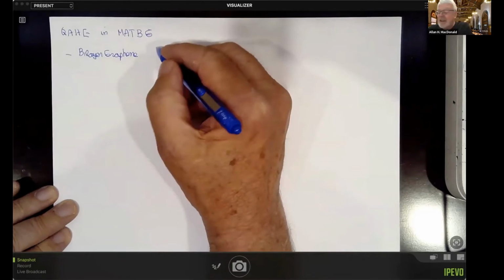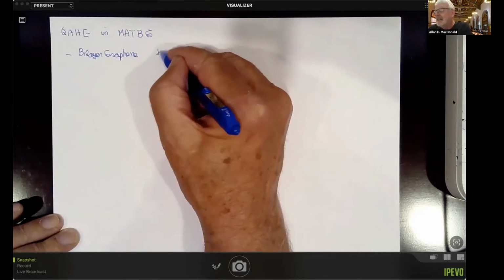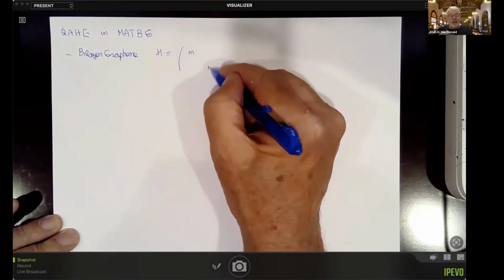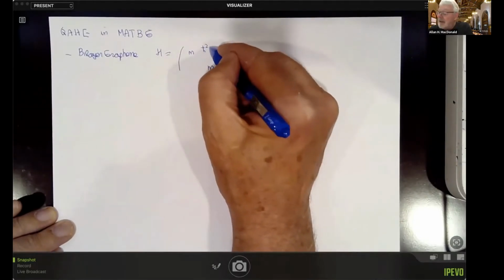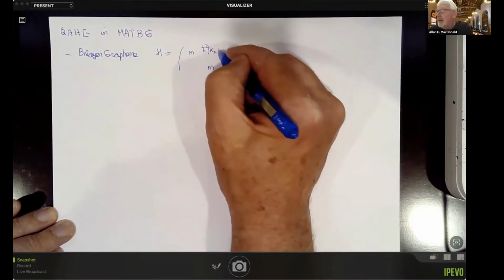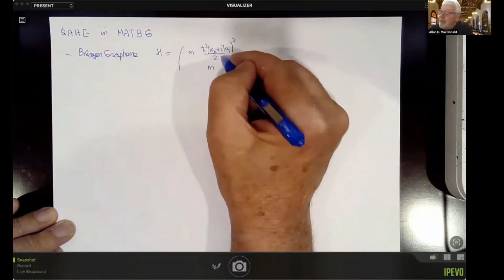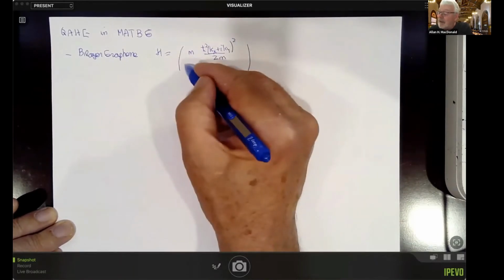A simplified version of the band Hamiltonian for bilayer graphene is a two-layer Hamiltonian. There's a layer degree of freedom. The coupling between layers is second order in momentum.